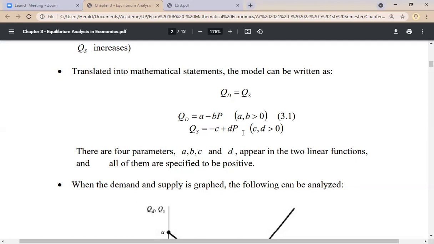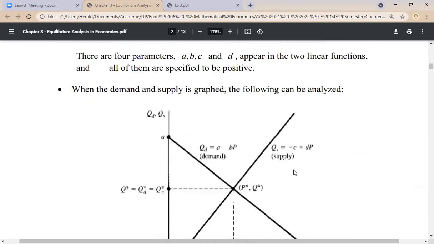We also have d there indicating that that is the slope of the supply curve, which is positive. It is important na we're able to describe what this equation would mean in words. Or what I mean to say is that we must somehow know how to explain the parameters in words.